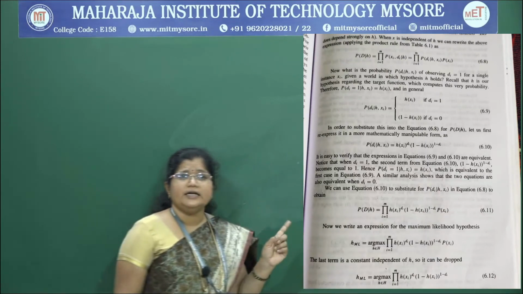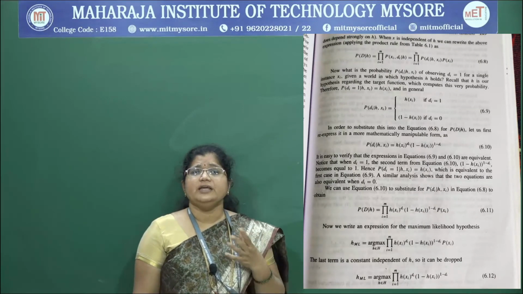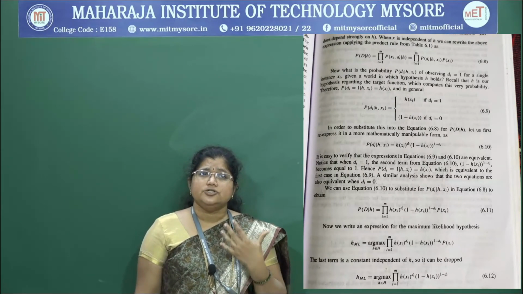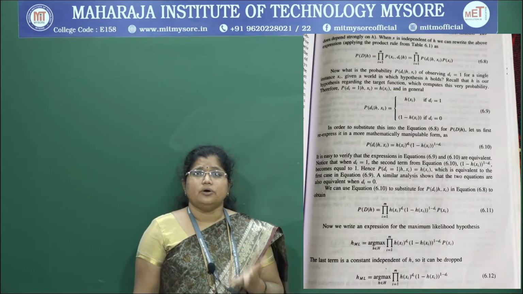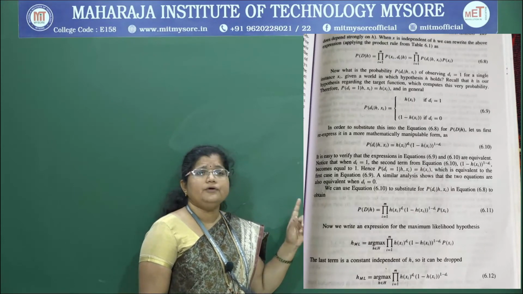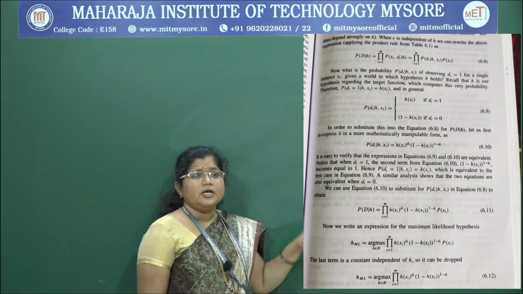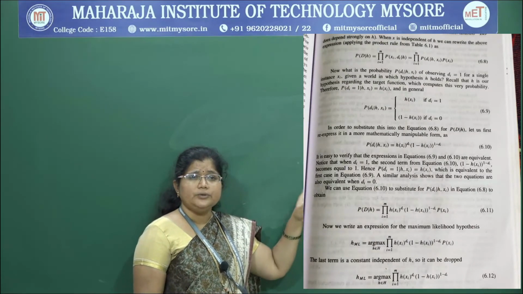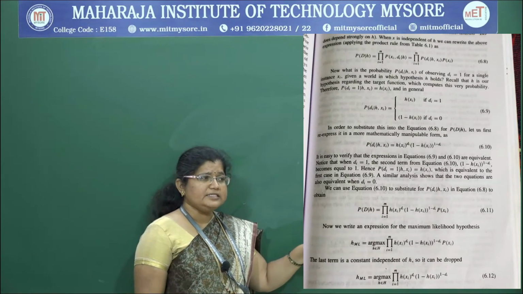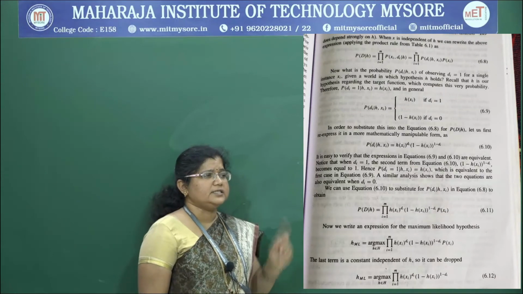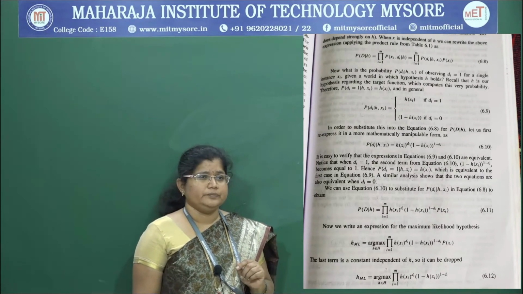Both xi and di are random variables, assuming that each training example is drawn independently. So we can write P of D given h as the product of i equals 1 to m of P of xi comma di given h. That is considered the first equation.